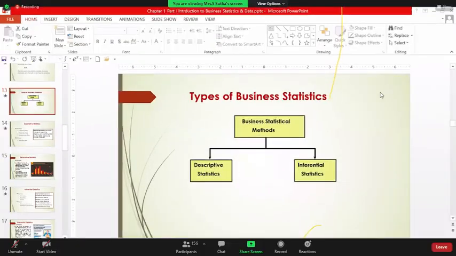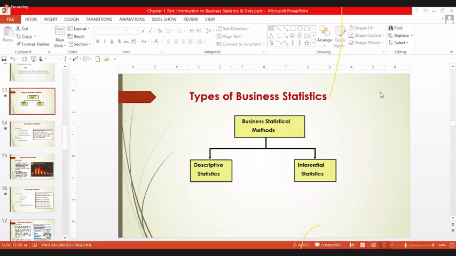So now we are moving to inferential statistics. Under inferential statistics, there are two main methods we will use to make decisions. That is estimation and hypothesis testing. Accordingly, inferential statistics consists of the methods which use the sample results to draw conclusions about a population.